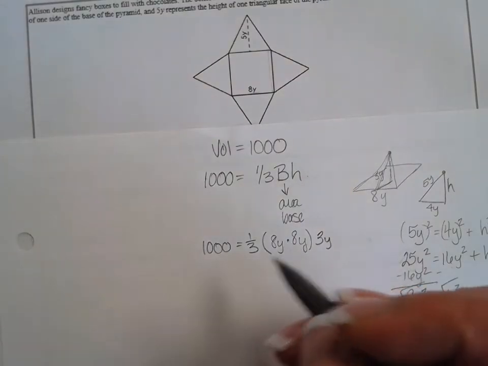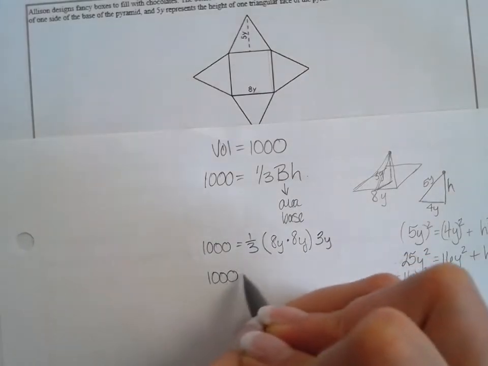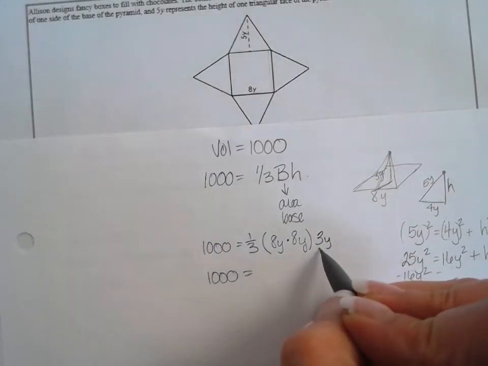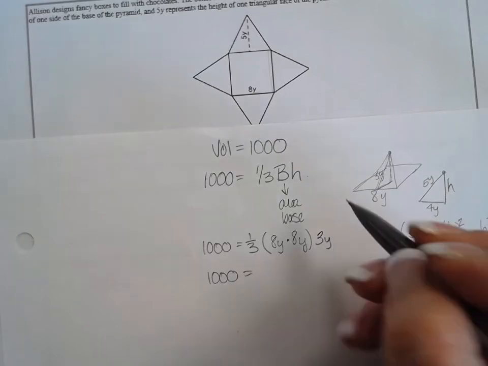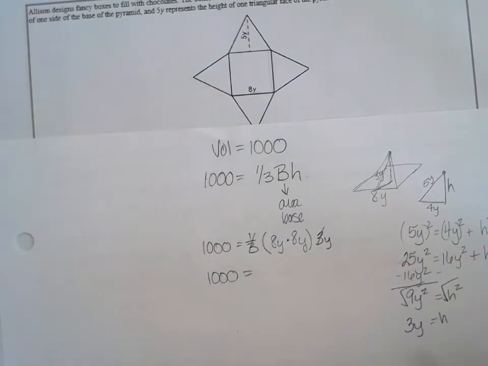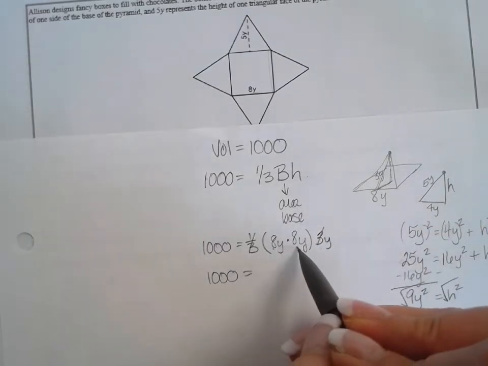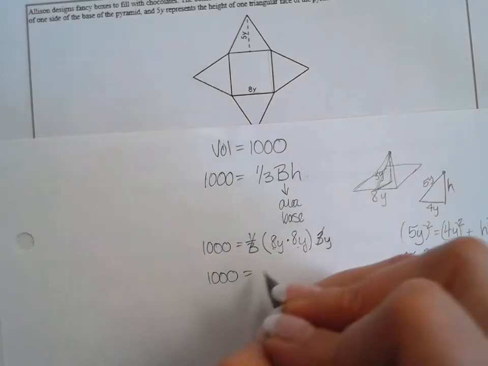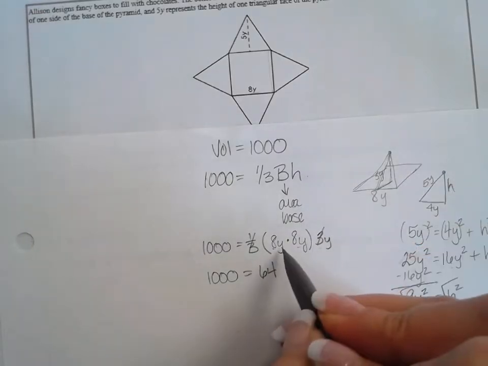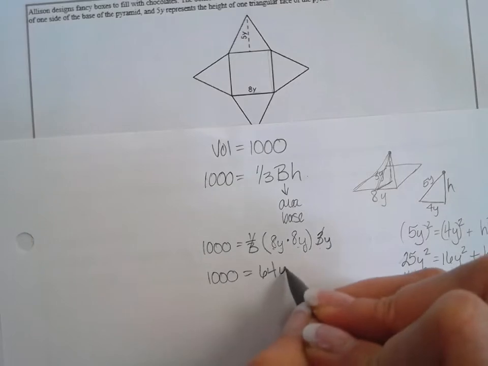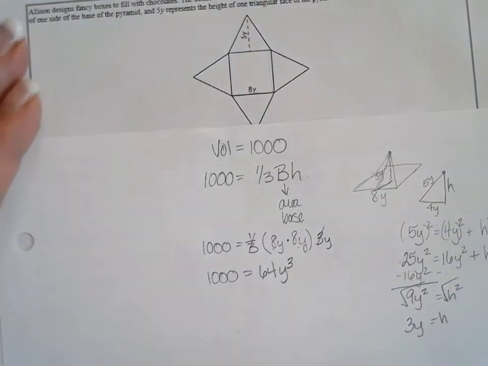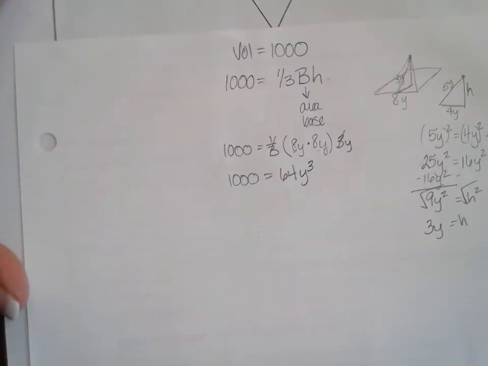All right, so what's 1/3 of 3? That's 1, so that just cancels. 8 times 8 is 64, and I have 1, 2, 3 y's. Good so far?